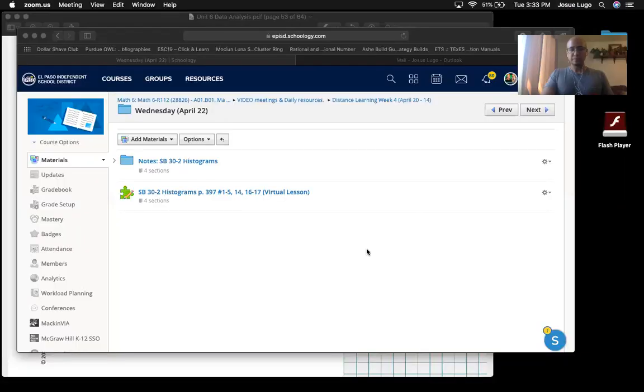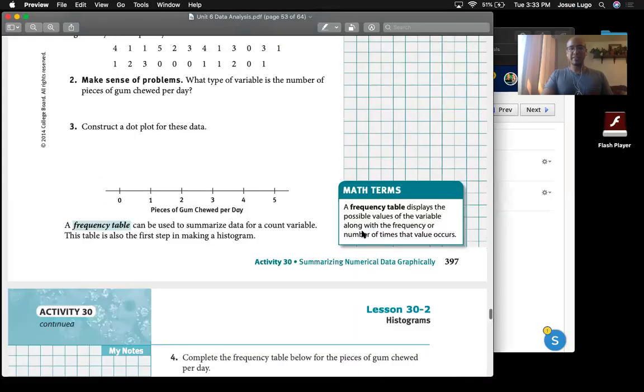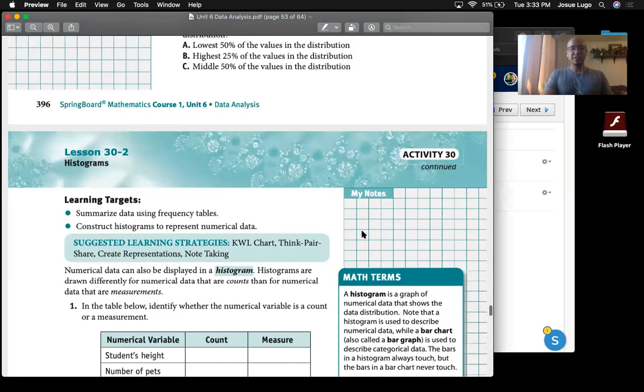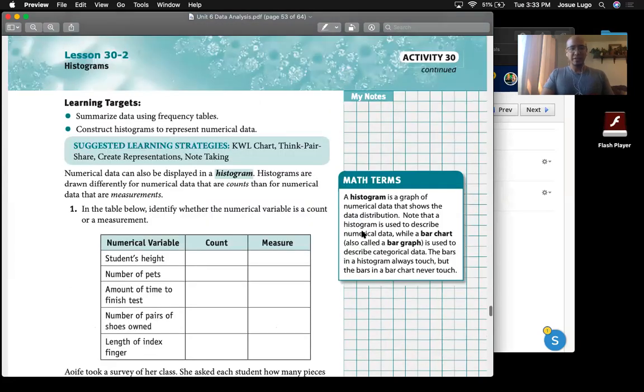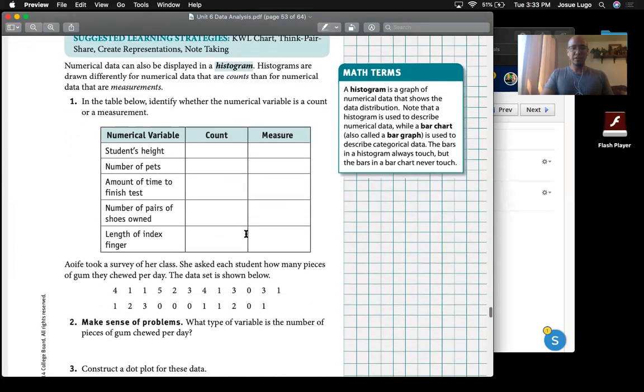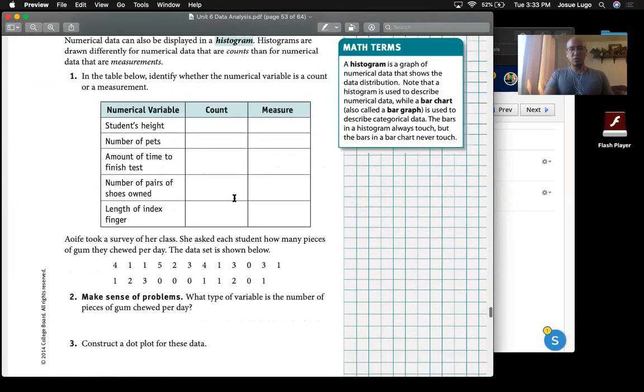We are going to be starting on page, I believe it's 397. So here is my textbook. This is what that is going to be looking like. We are going to be using, for example, this set of numbers that are right between number 1 and number 2. You can do number 1 on your own.